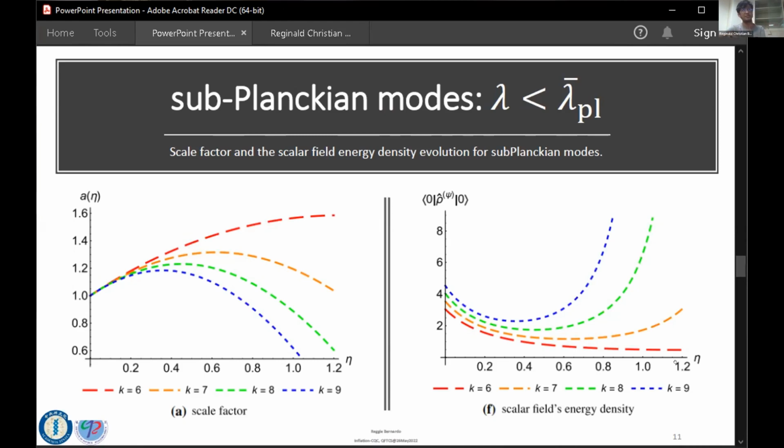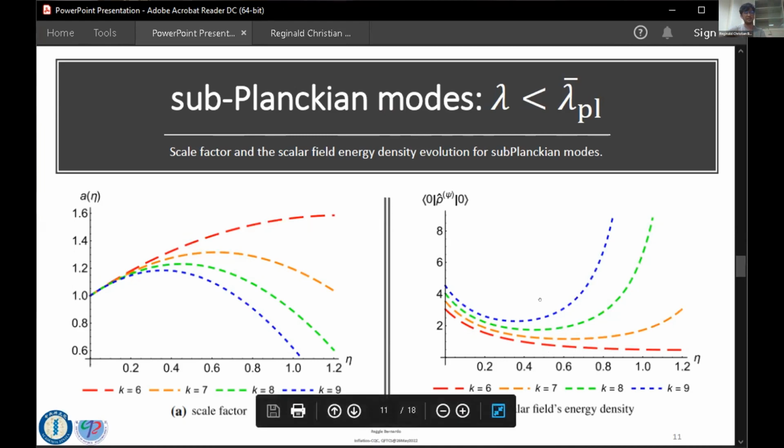Anyway, this is what happens with the sub-Planckian modes. And now that the space-time is collapsing and everything's just collapsing together, the energy density is increasing, or the scalar field is increasing, as we can see right here in this right plot.